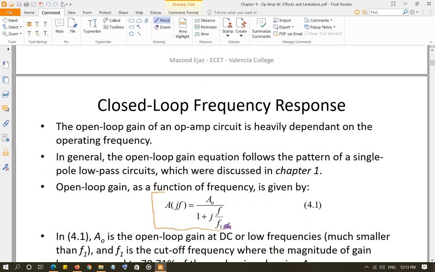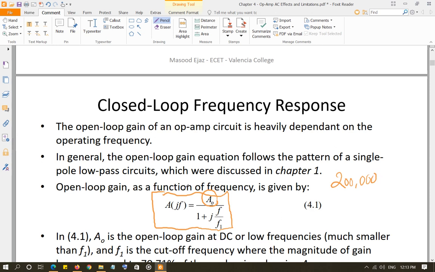A(jf) is the open loop gain at any frequency f. A naught is the gain at DC, which for 741, as we discussed, the typical value is 200,000.